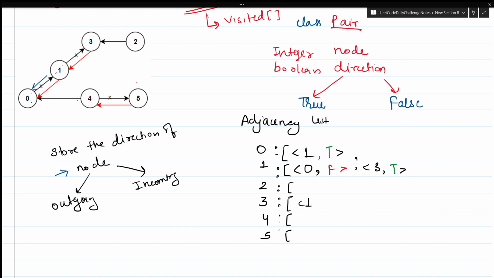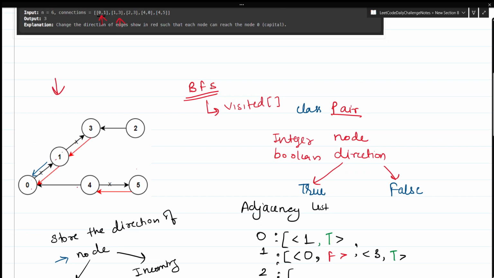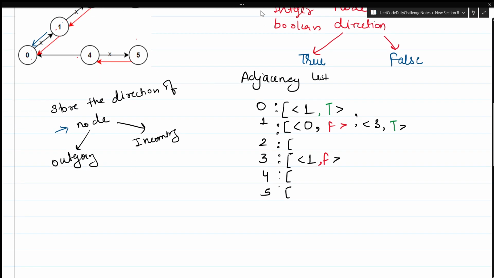So in 3 I will store 1 with false. The second input is also done. Let me take 2 to 3. From 2 to 3 there is an outgoing branch, so I will store true. Then 3 to 2 as well, with false.